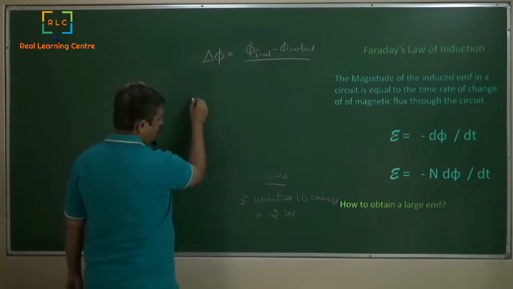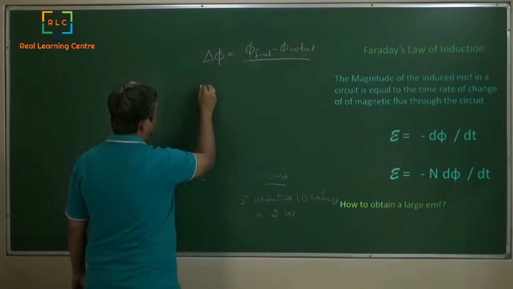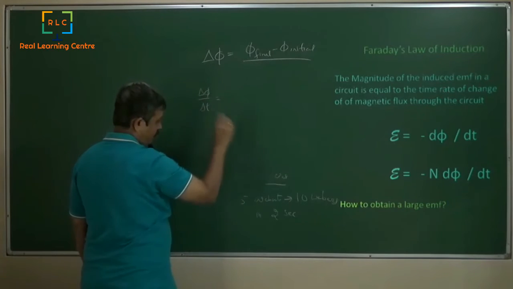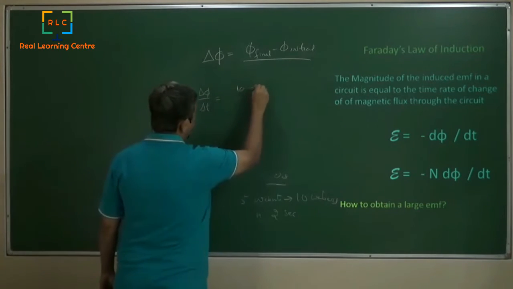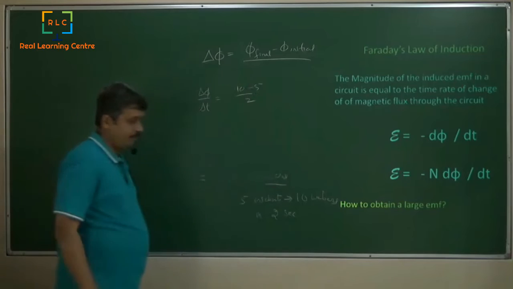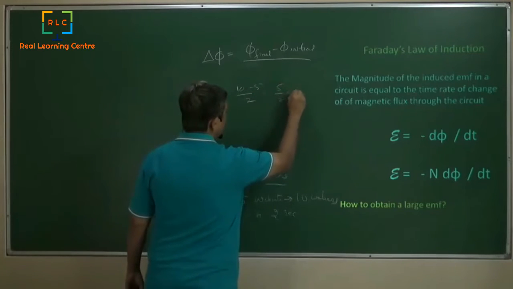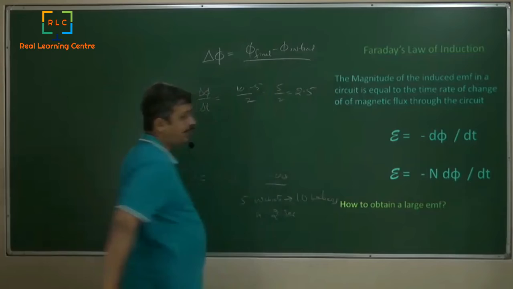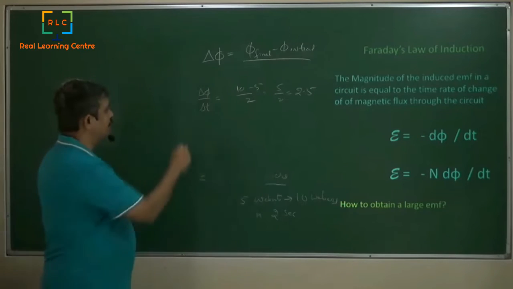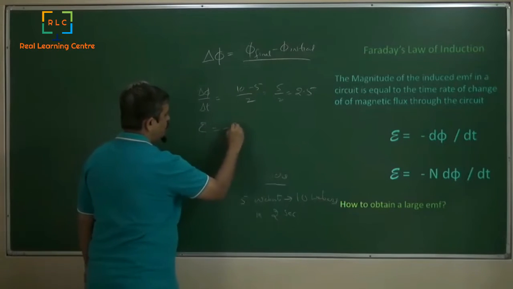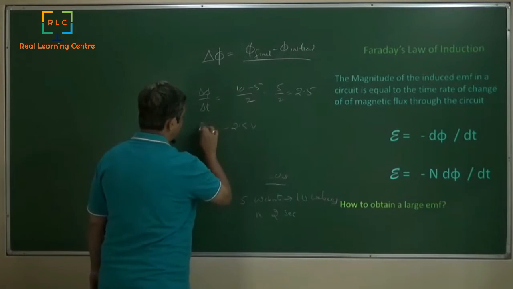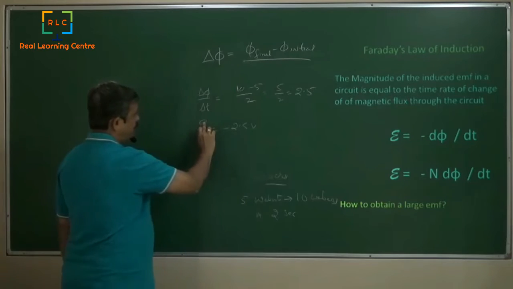So I will say delta phi by delta t is equal to 10 minus 5 divided by 2, which is nothing but 5 by 2, equal to 2.5. Correct? So the answer is E is equal to minus 2.5 volts EMF generated.